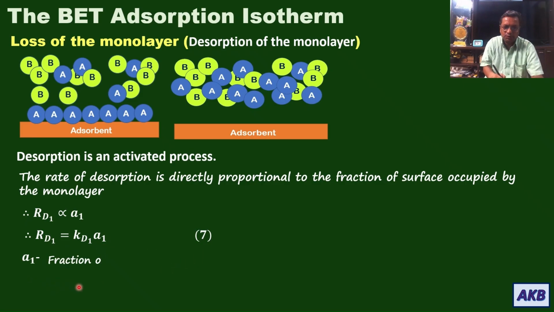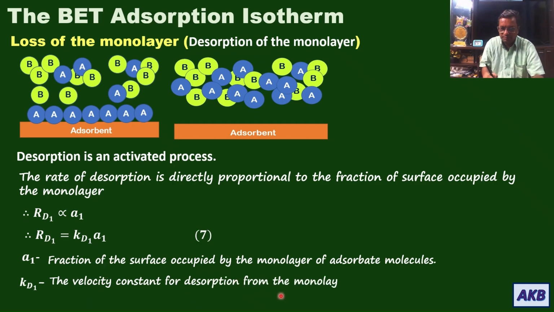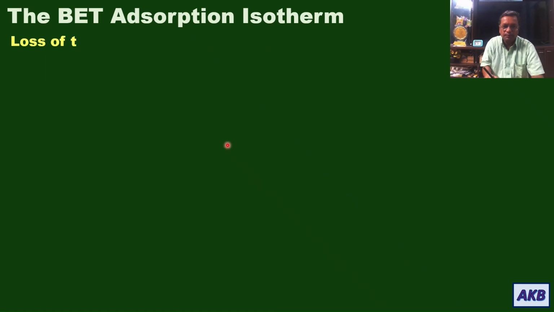Here, A1 is the fraction of the surface that is occupied by the monolayer of the adsorbate molecules, and KD1 is the velocity constant for desorption of the monolayer. So equation 7 gives us the rate at which desorption of the monolayer takes place, which ultimately results in loss of the monolayer.